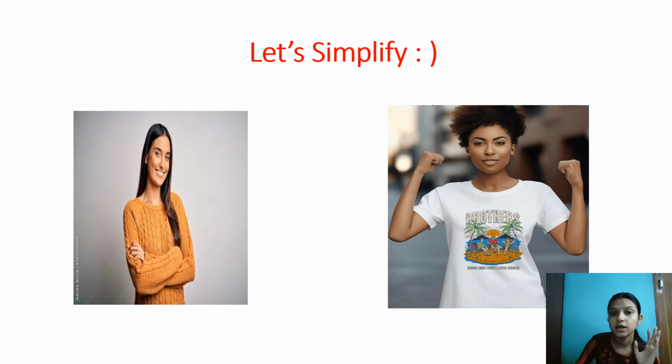Now we will understand it in an even simpler way. As you can see, there are two pictures. One person is wearing a sweater, the other is not. In the context of the doctrine of eclipse, the person wearing a sweater is hiding his body. Does that mean the body doesn't exist there?